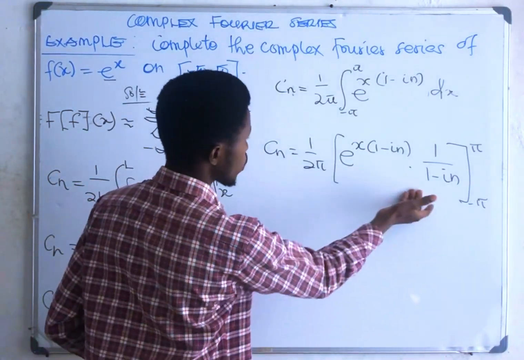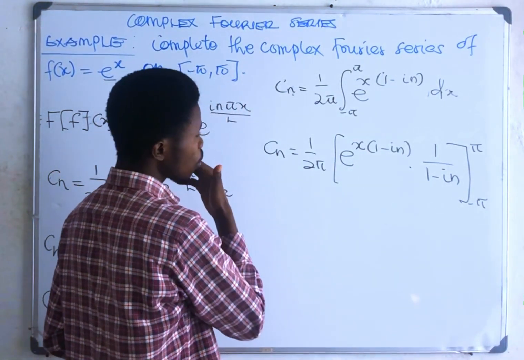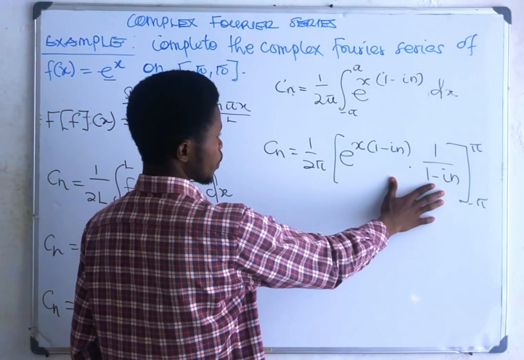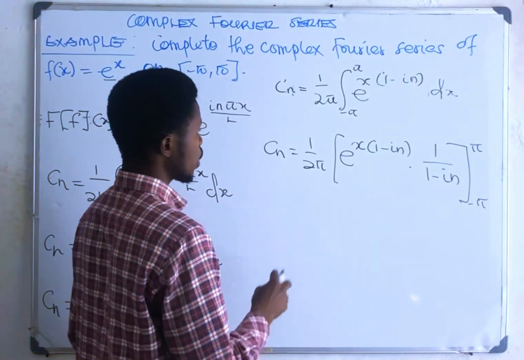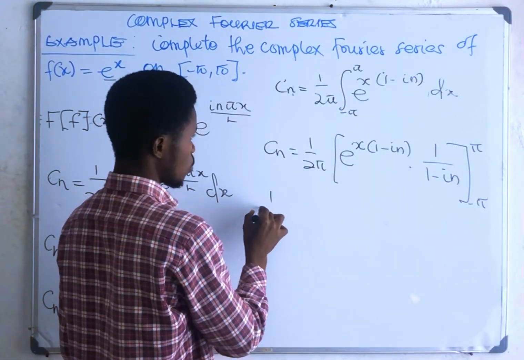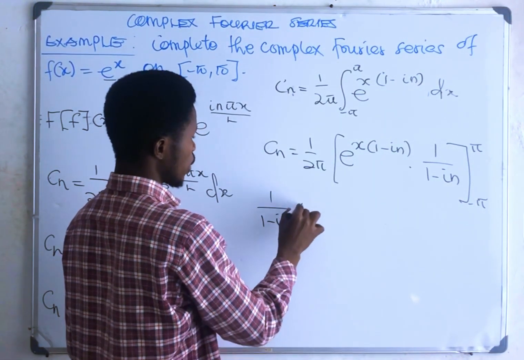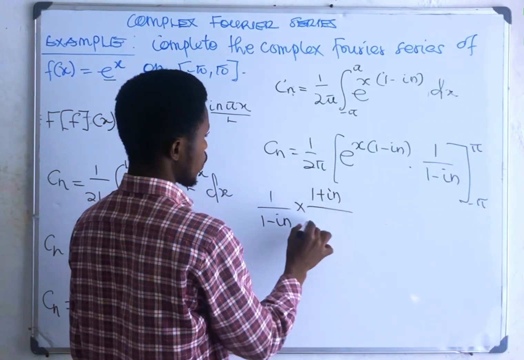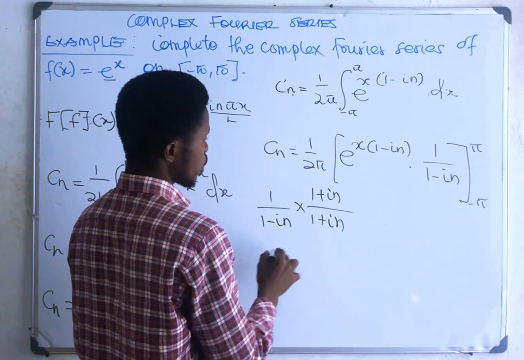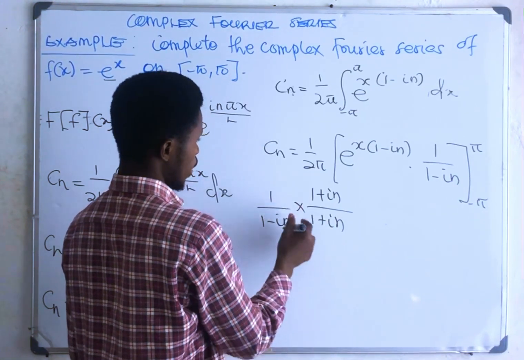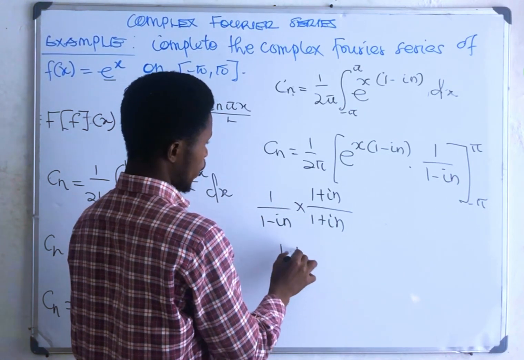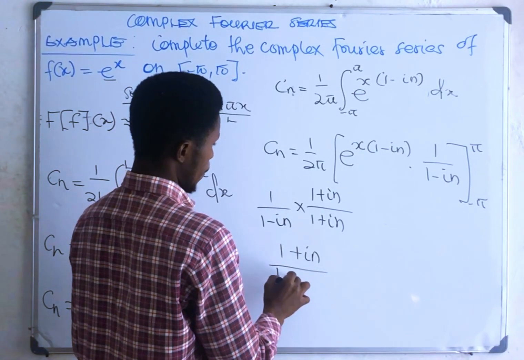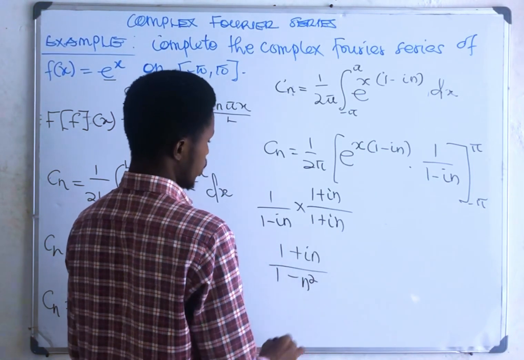So for this one, what I'm going to do here is let me conjugate this. If you conjugate this, this is 1 over 1 minus i n times 1 plus i n, all divided by 1 plus i n. So for conjugation, you realize I'm going to have 1 plus i n divided by 1 minus i n squared.